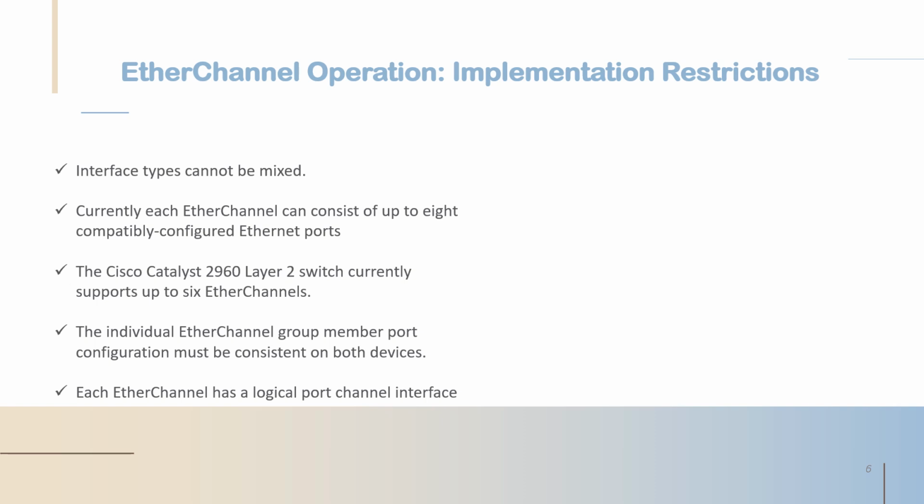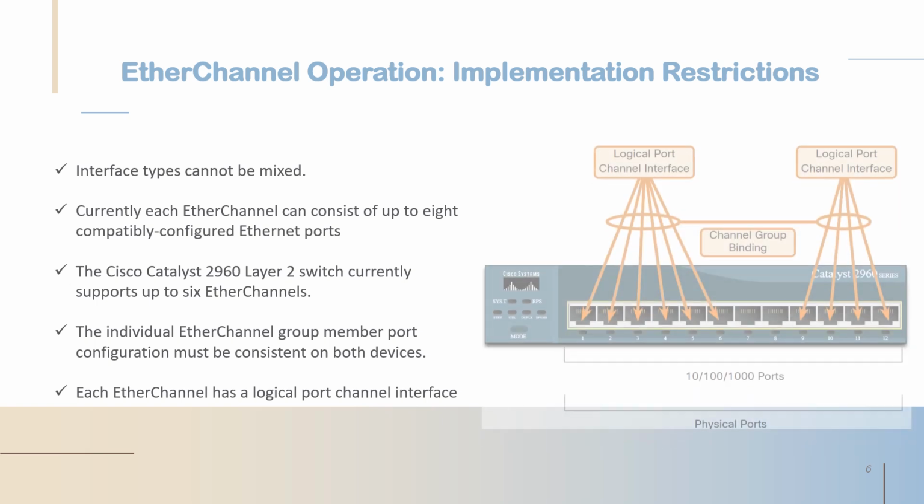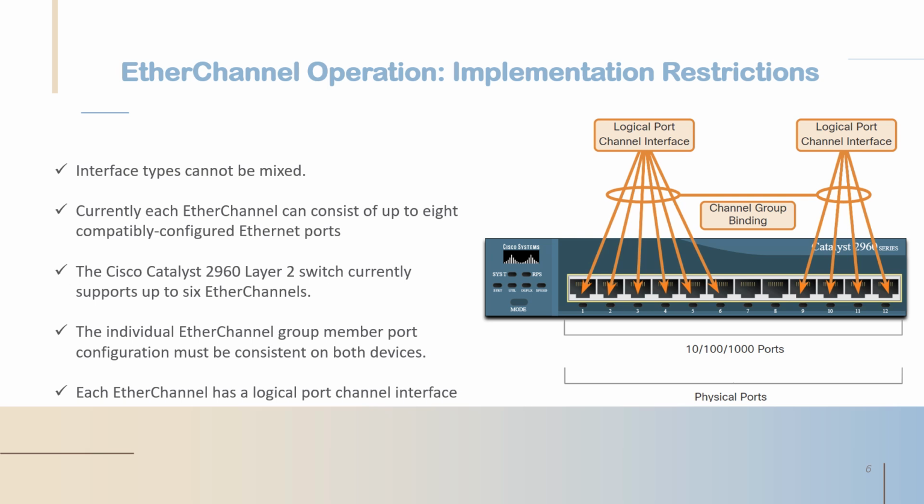Additionally, all ports in each EtherChannel link must be configured as Layer 2 ports. And lastly, each EtherChannel has a logical port channel interface, as shown here in this figure. A configuration applied to the port channel interface affects all physical interfaces that are assigned to that interface.